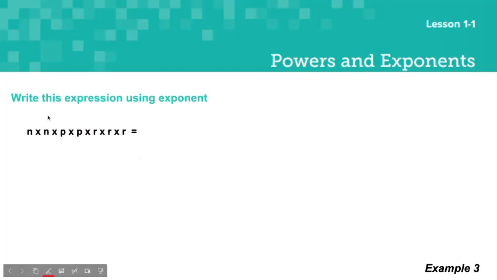The next example is the same. Write the expression using exponent. But in this example, we will use variables. A variable is any letter that we use, such as x, y, n, any letters in English.